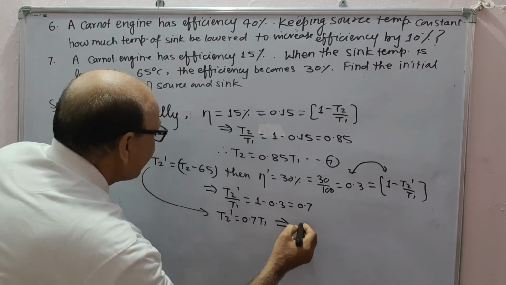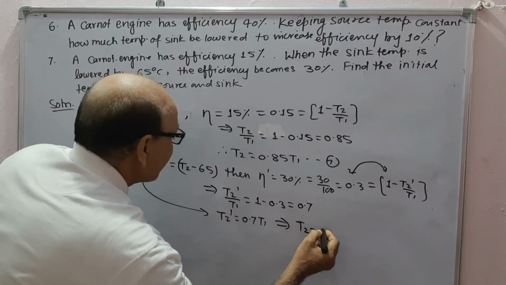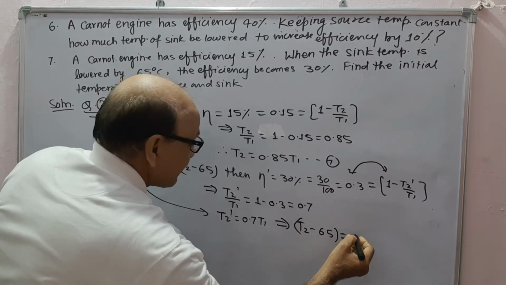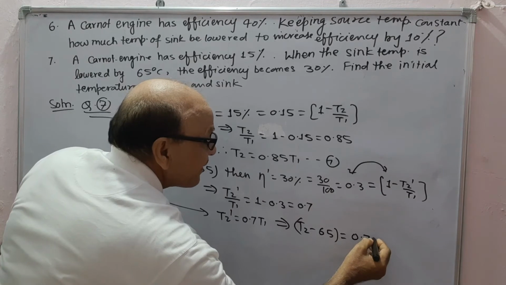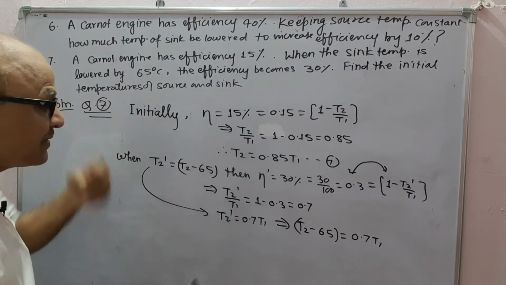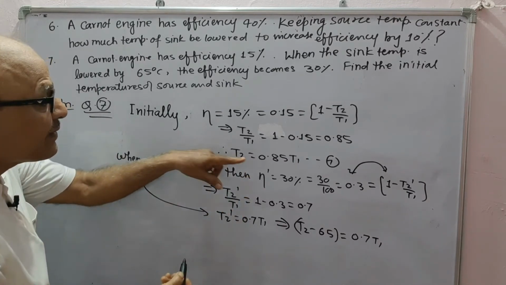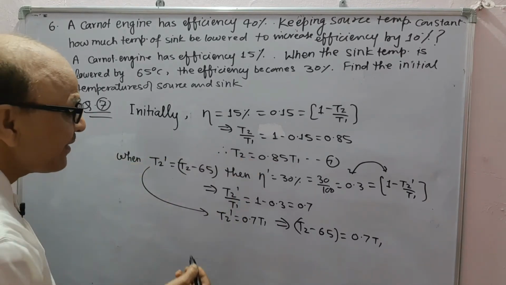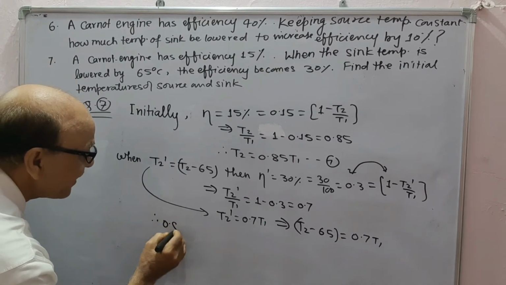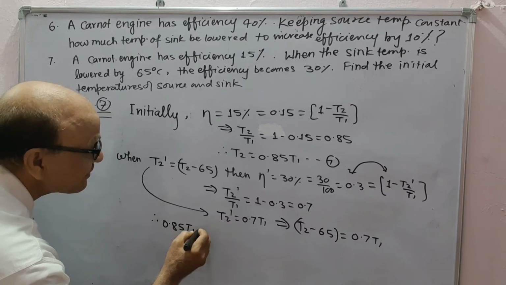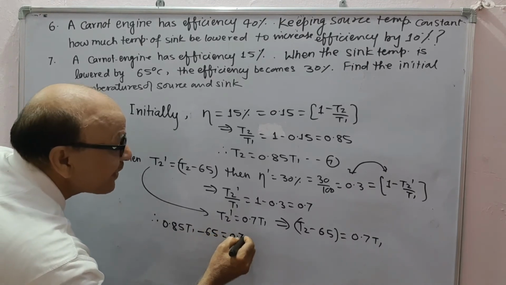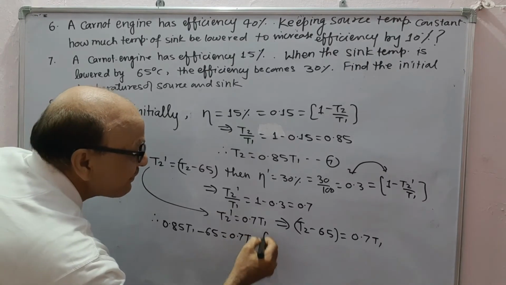This means that T2 minus 65 is equal to 0.7 T1. Again, from equation 1, T2 is equal to 0.85 T1. So therefore, 0.85 T1 minus 65 will be equal to 0.7 T1.